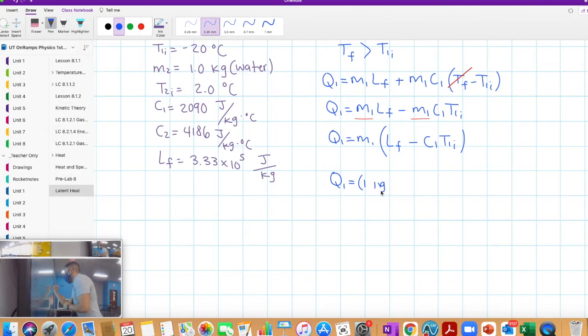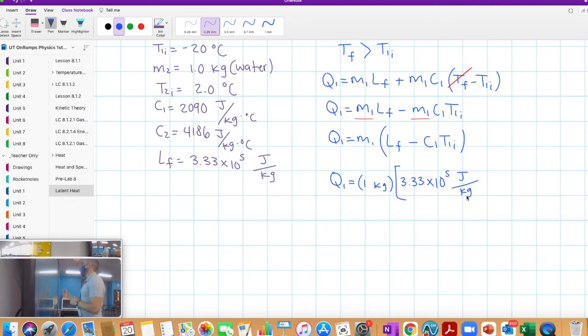1 kilogram, then latent heat of fusion, 3.33 times 10 to the 5th joules per kilogram, and that is minus parentheses specific heat of ice, that's 2090 joules per kilogram times degrees Celsius, times negative 20 degrees Celsius.